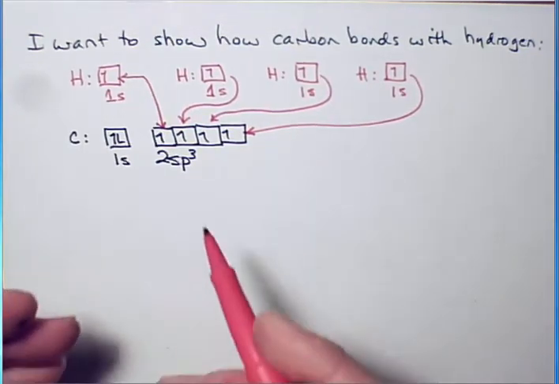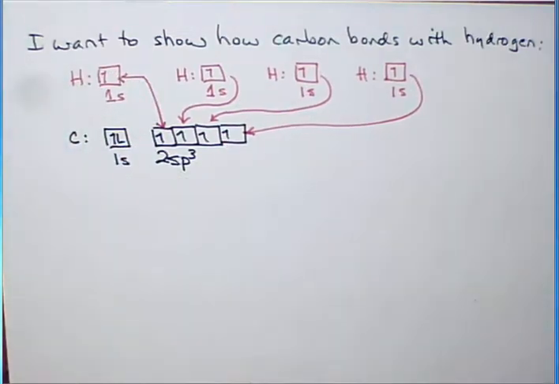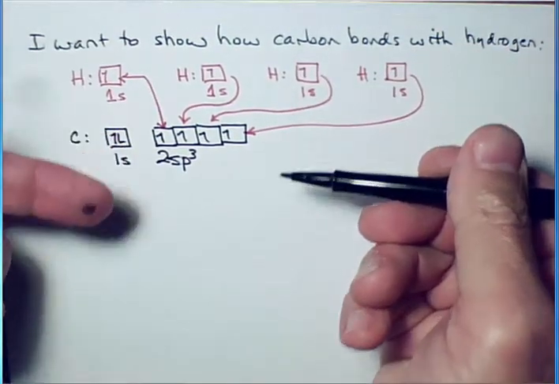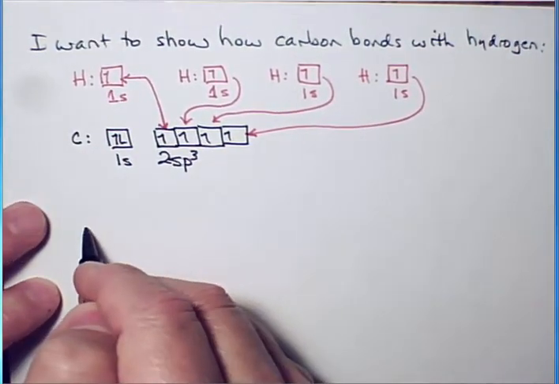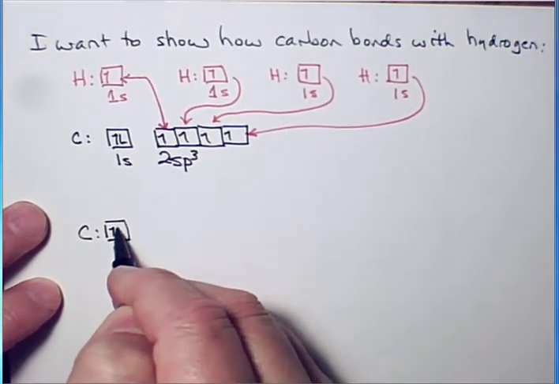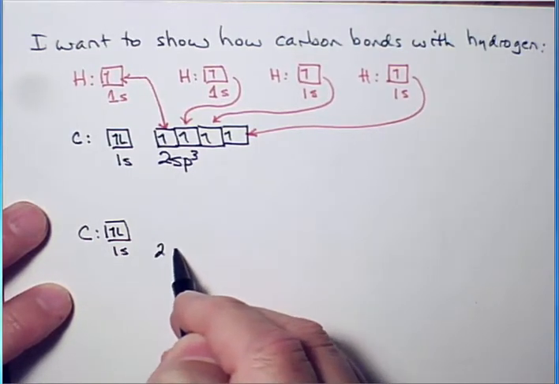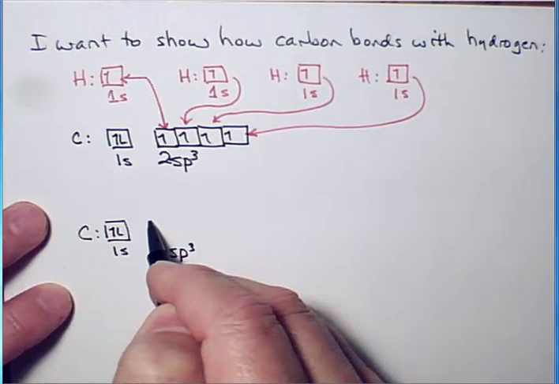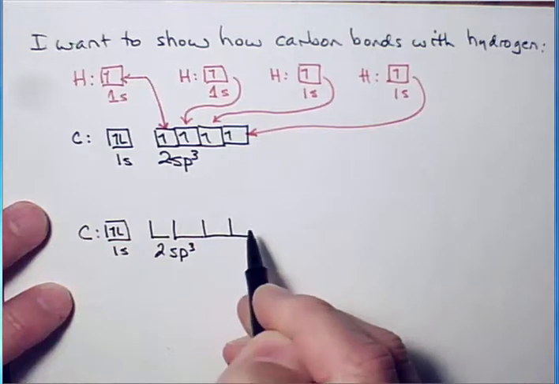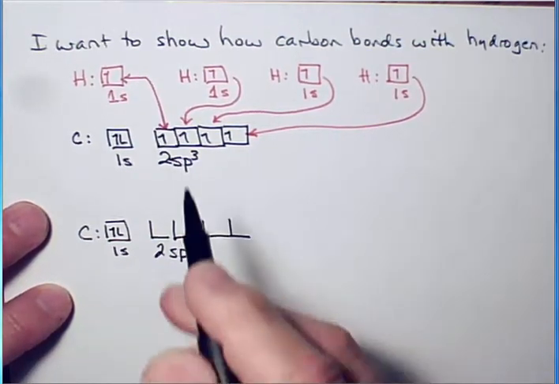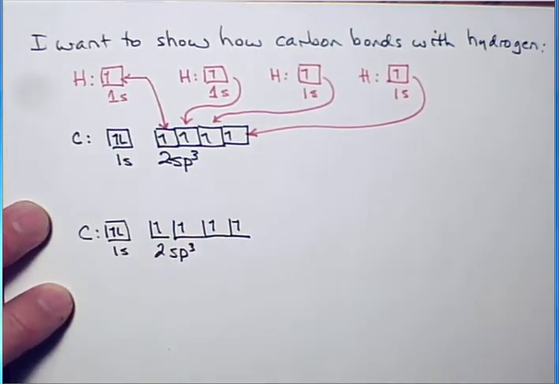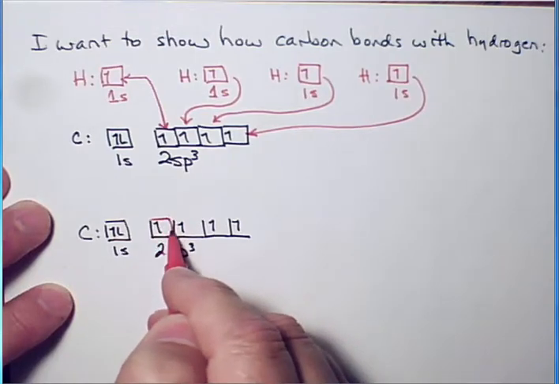So now I want to draw it where I've actually put these orbitals together. So it's like this is a comic book. This is our first panel, and then we go to our second panel here. Okay. So here's carbon, and remember 1s isn't involved, but in 2sp3 I'm going to combine the 1 electron in each of these orbitals, and I'm going to combine the orbital itself with an electron from hydrogen.